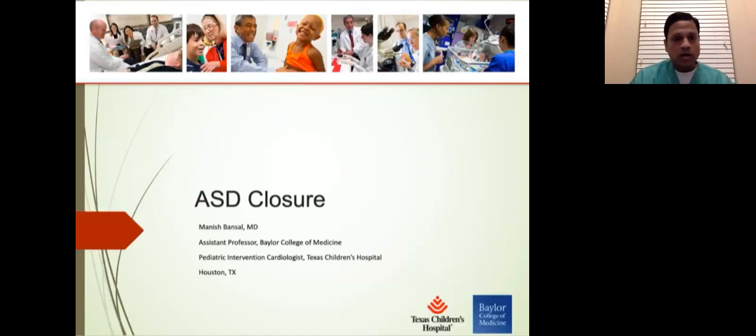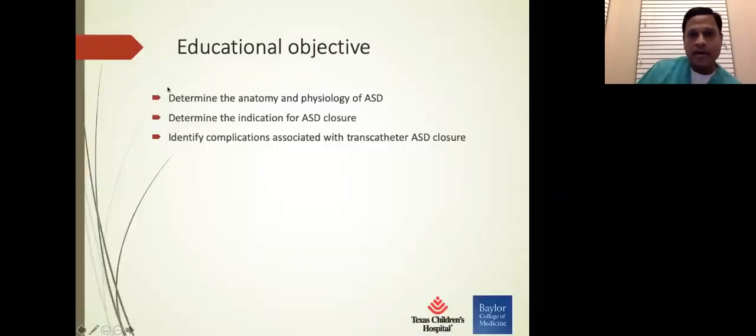So as we all know, ASD constitutes about 6 to 10% of all congenital heart defects. It affects females 2 to 3 times more commonly than males, and ostium secundum ASD is the most common type of ASD. We're going to discuss the anatomy, physiology, then indications and complications associated with transcatheter closures.